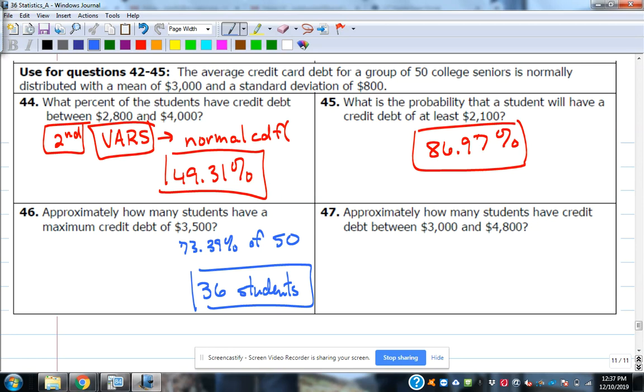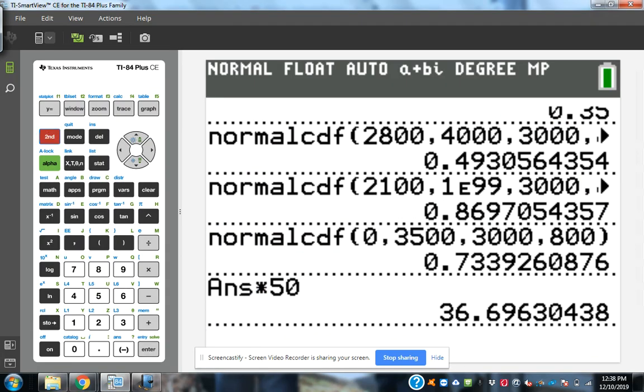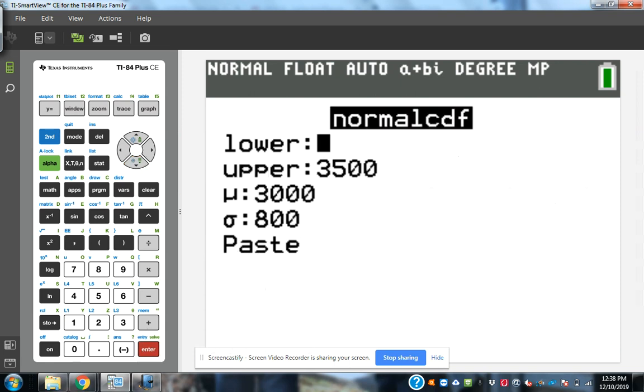Number 47, approximately how many students have credit debt between $3,000 and $4,800? So this is a lot like number 44, except for we're going to find that percentage and then multiply it times 50. That's the only difference. So I'm going to go to second, vars, normal CDF. My lower is 3,000. My upper is 4,800.